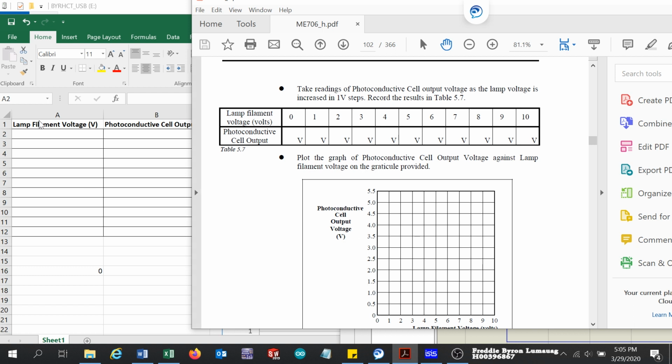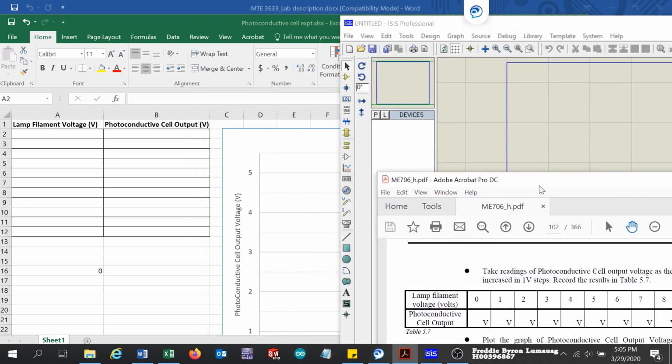But instead of this table, we'll be using Excel, so that the characteristic curve can be shown here on the side.